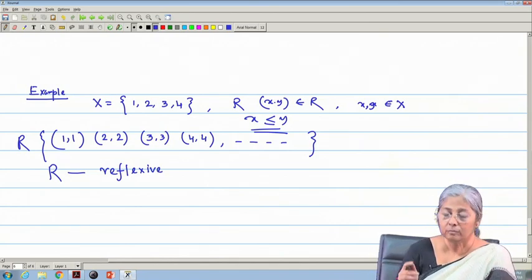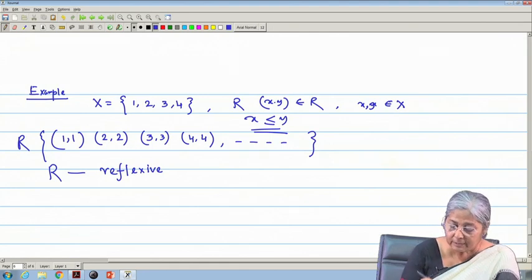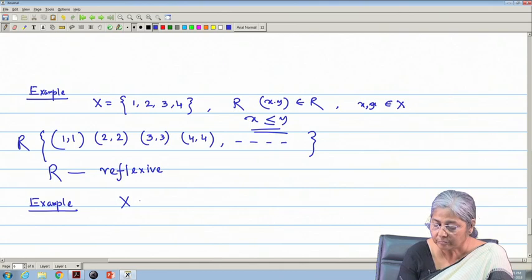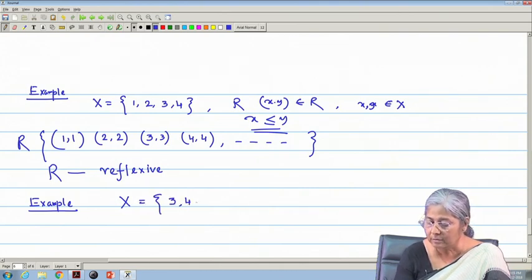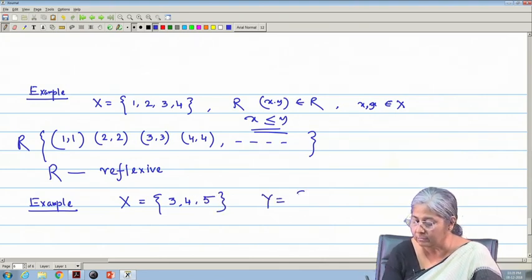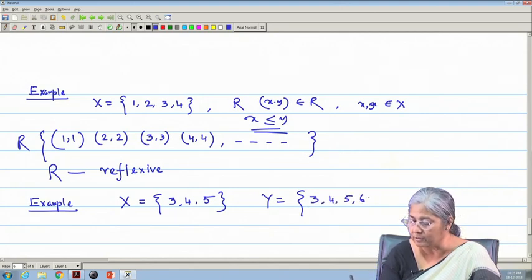And then another example we have seen: x divides y. We have taken some x, say 3, 4, 5, and y some 3, 4, 5, 6, 7.